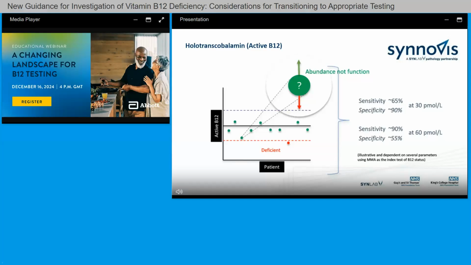Active B12 tests are now widely available. So if I was concerned again about my B12 status and I sent an aliquot of my blood to all the laboratories in the United Kingdom that were performing the active B12 test, would I be confident in the diagnosis that I receive?